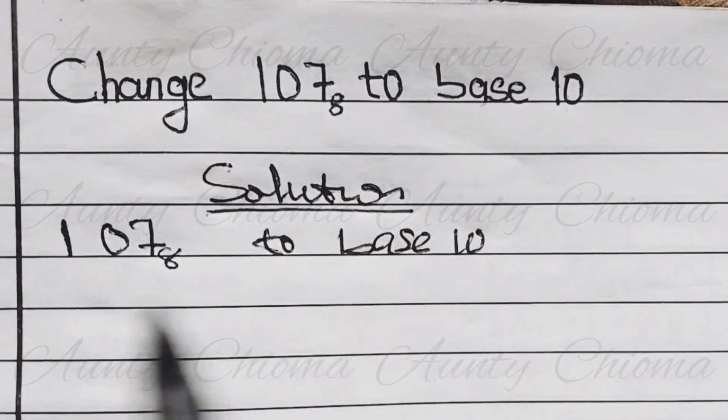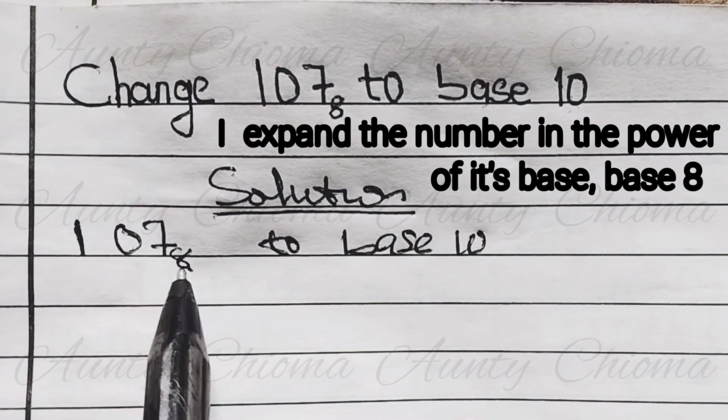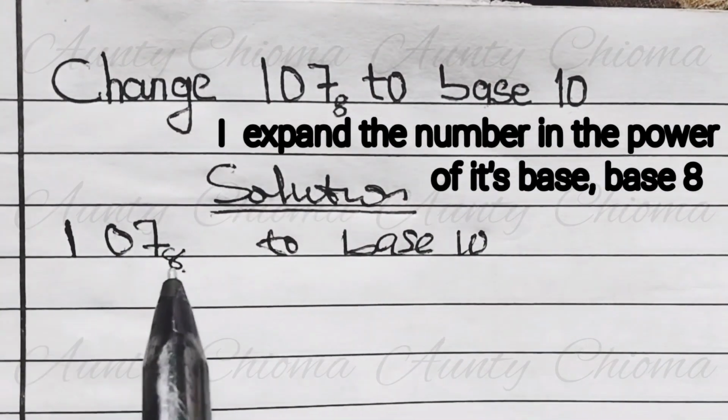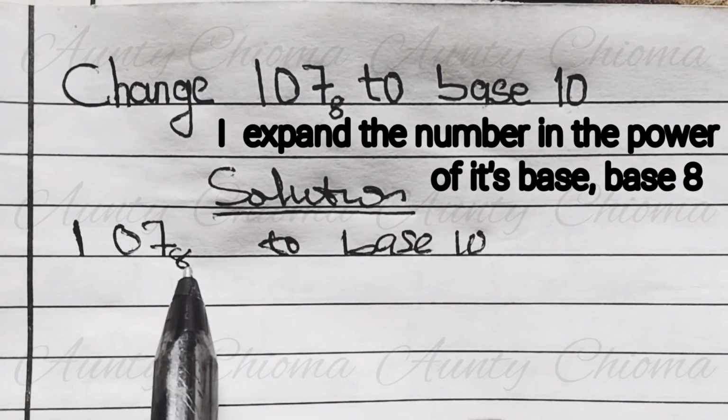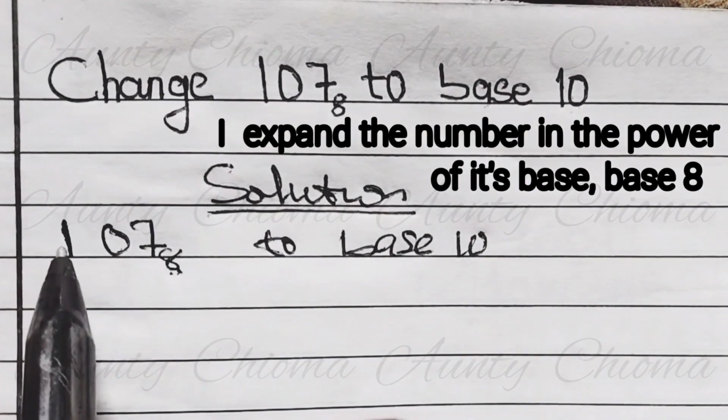I will expand this number in the power of its base, which is base 8, thereby changing it to base 10. Once I expand it to the power of its base, I will evaluate and change it to base 10. I'll start with this one.